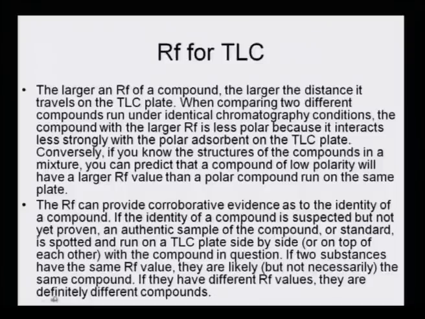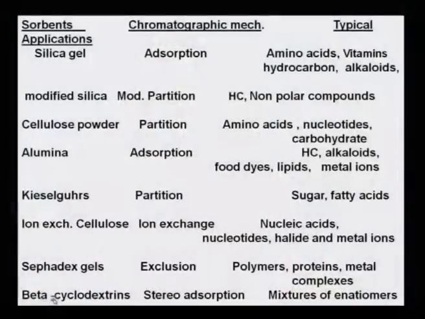So, TLC gives us a basic idea of identification with a known compound, and it also gives us an idea how many components are present in an analyte. There are various different solvent materials which are used for different types of compound.